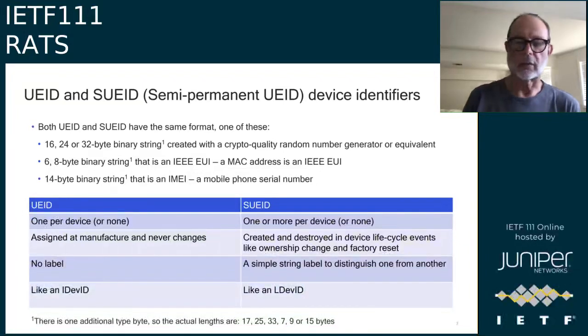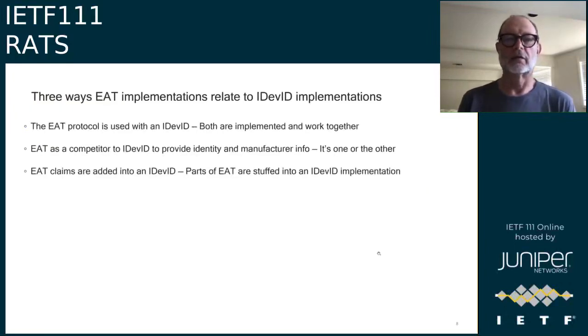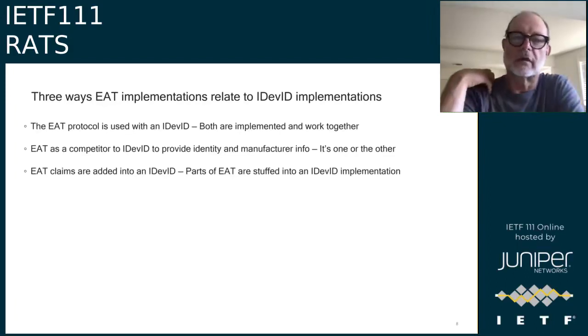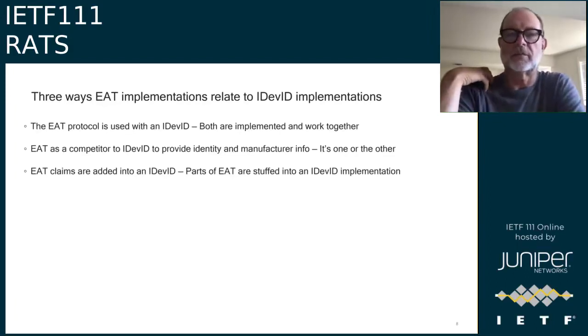I'm going to keep going and wait for questions to the end, I think. Next slide. So I spent a fair bit of time trying to understand how EAT and its UEID might relate to an IDEV ID.